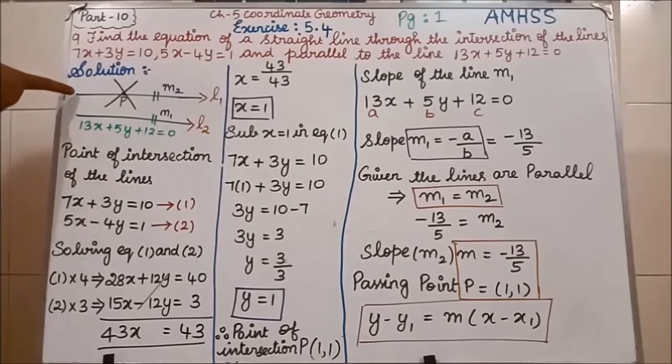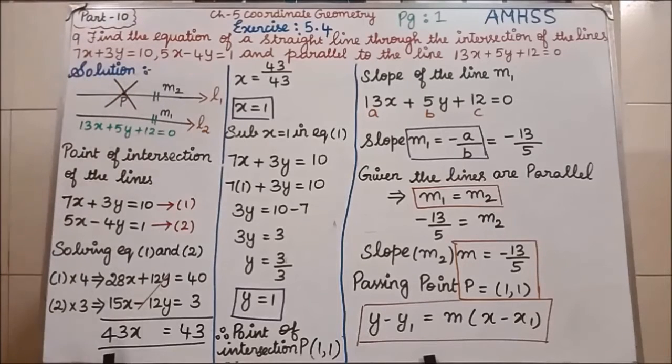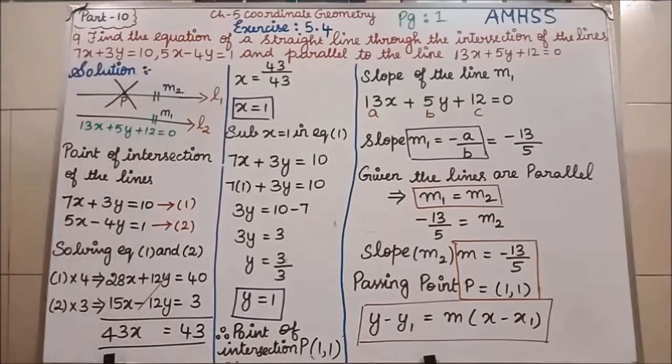They are saying that line L1 is parallel to the line L2. So I have drawn two lines parallel. Next, they have given two equations. The two equations are intersecting on this straight line L1. So I have drawn the intersection. But at which point it is intersecting, they have not given. That we have to find. Clear? Now, parallel means we only need m1 and m2.